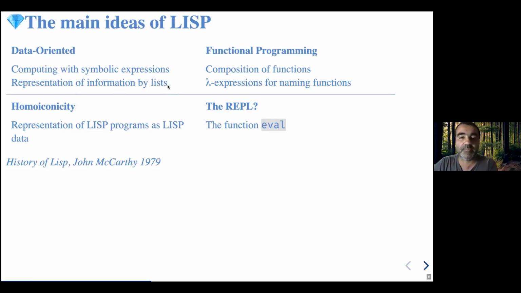Representation of information by lists. If you think about a language where there are no literals for data, for example, Java or C++ or C, or I don't know if it's in C#, think about what a nightmare it is to even create a nested array.